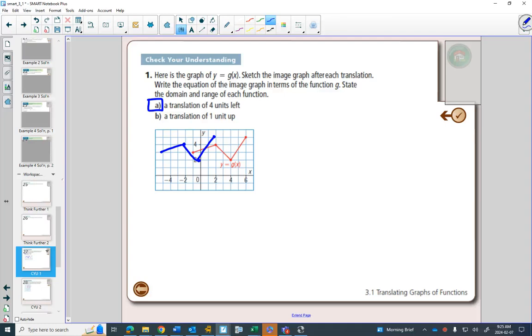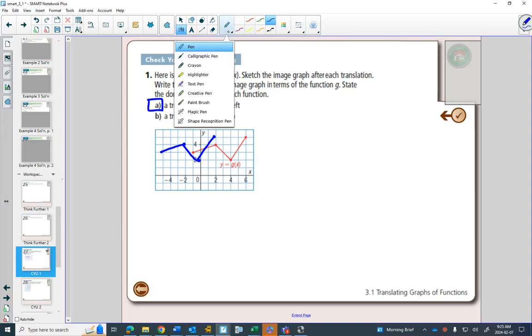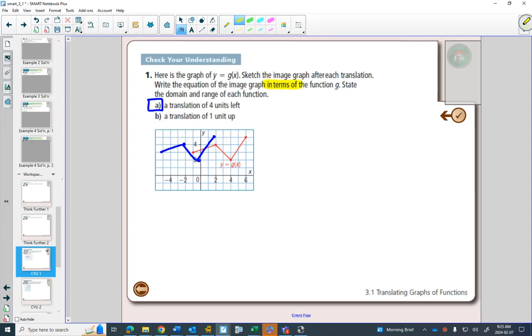Now, we have done the first sentence here where it says sketch the image graph. Next, it says write the equation of the image graph. This language comes up a fair bit, so I want to highlight it, because one of the things I've noticed with students is that you understand it when I do it, and sometimes you don't listen to the instruction parts.